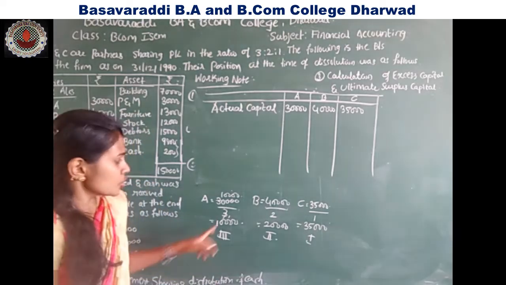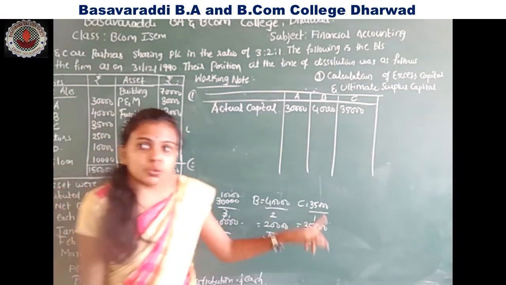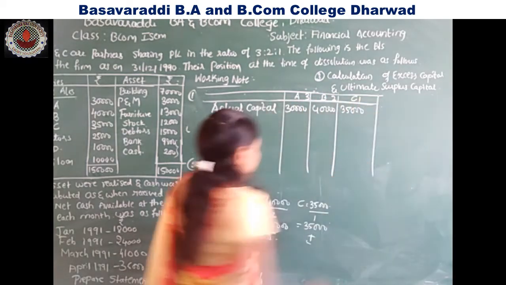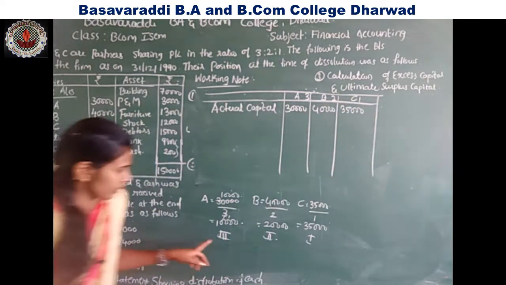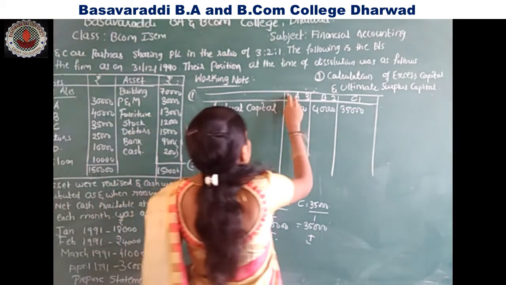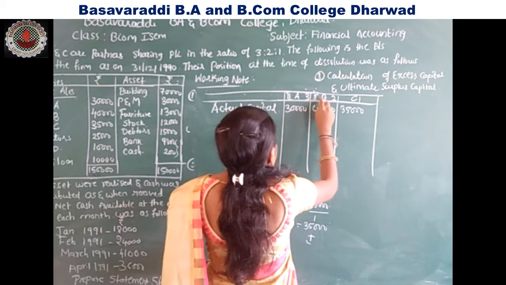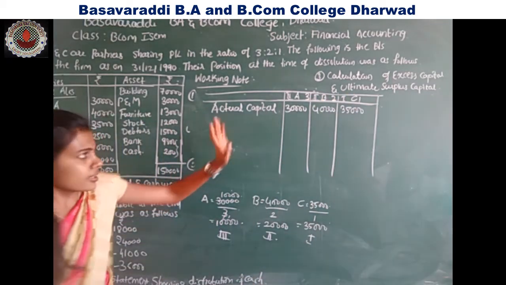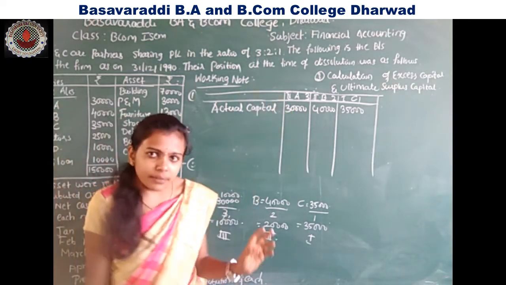Ratio 3:2:1. And then ranks: third rank, second rank and first rank.